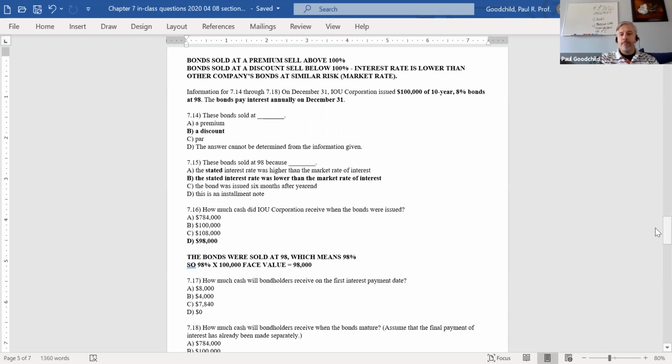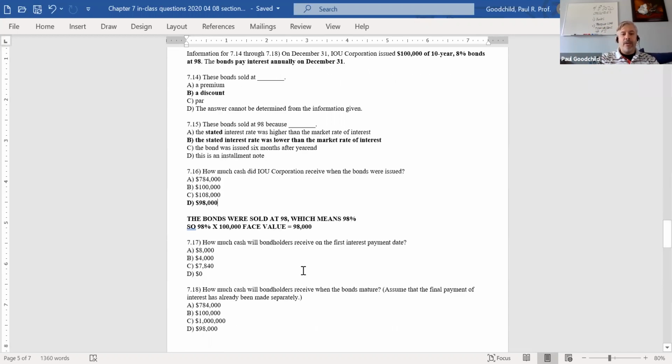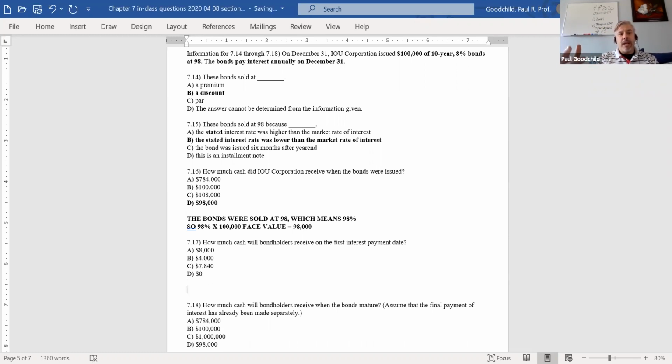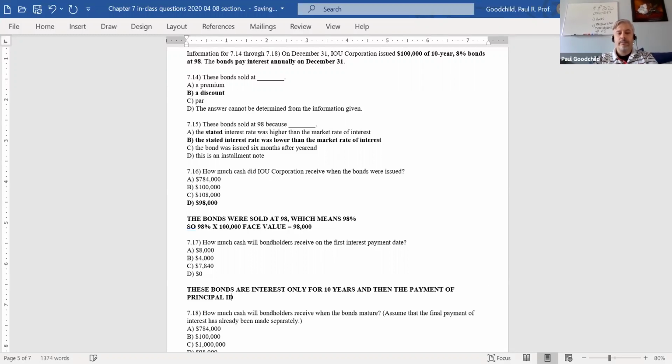Okay. So now it says, how much will bondholders receive in the first initial payment? And so with this case, they're paying interest only. The principal is due at 10 years.